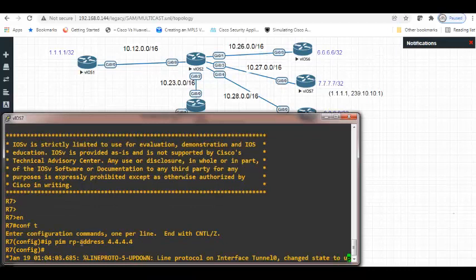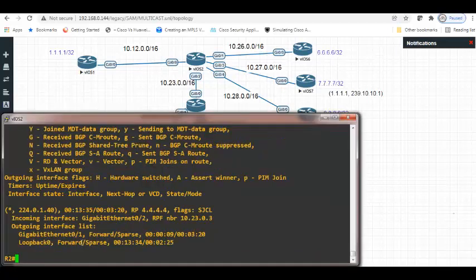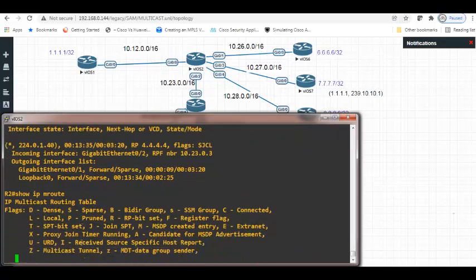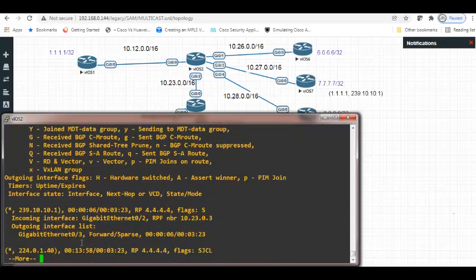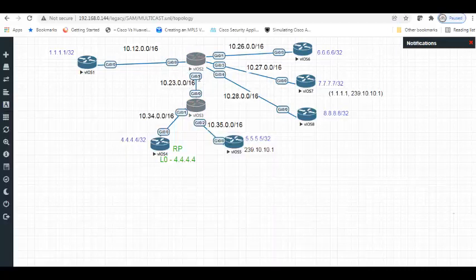Okay, that's it. Now I'm taking you to R7, R2 to show you the impact. Look at this. R2 says, I have a group member, but I don't know the source. The incoming interface of the group member is G02, meaning the RP is here. Actually the RP is here, the source is not.